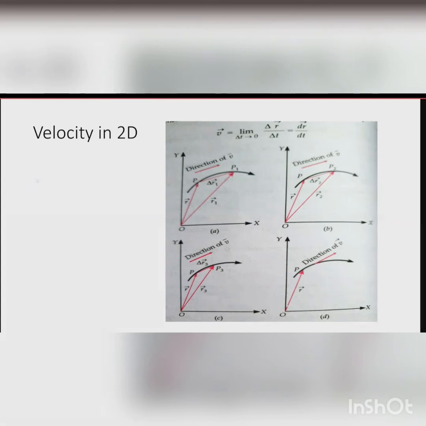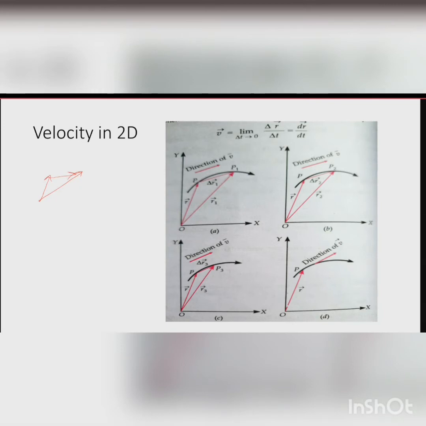So initially we took a longer interval. So this was a longer interval. Please note that delta r1 is going to be the change in position. So we are superimposing r1 and then we take minus r.